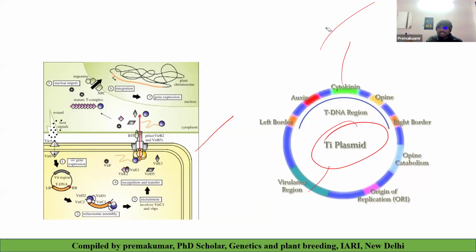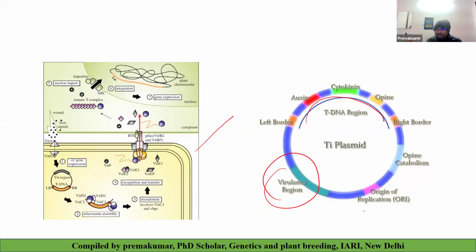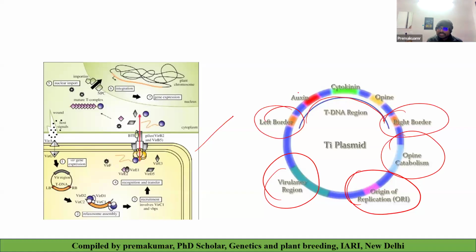Yesterday I was discussing the different regions present in the Ti plasmid. The Ti plasmid has the T-DNA region, virulence region, origin of replication, opine catabolism genes, and left border and right border. Within the T-DNA there are auxin-producing, cytokinin-producing, and opine-producing genes. These are responsible for synthesizing hormones which help in the development of the gall.